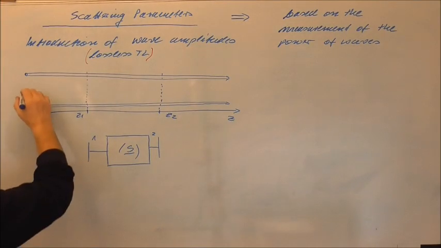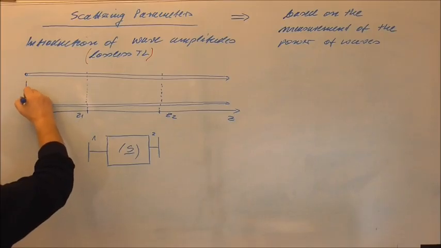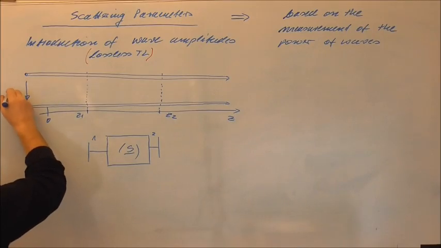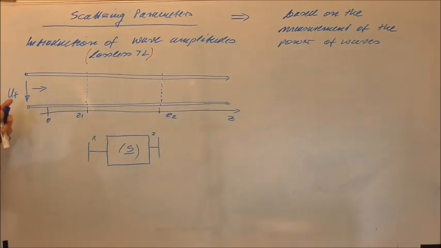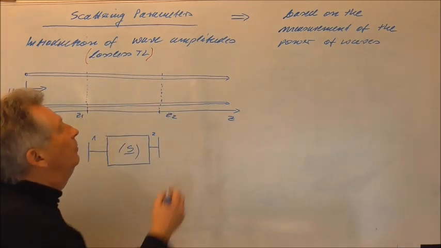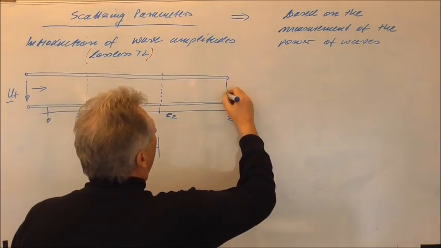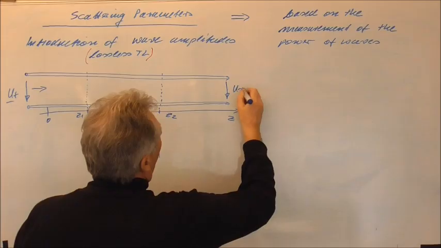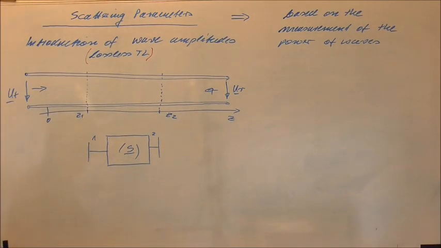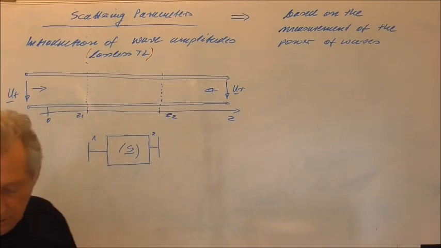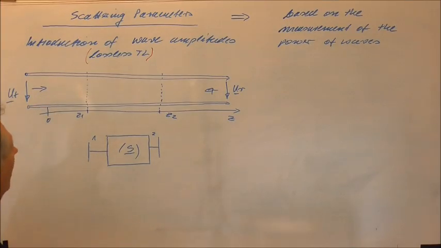So I will introduce the voltage of the forward traveling wave, which will travel in the positive z direction, and also the voltage of the reverse traveling wave, which will travel in the negative z direction. So we have the two waves, and we assume a lossless transmission line.